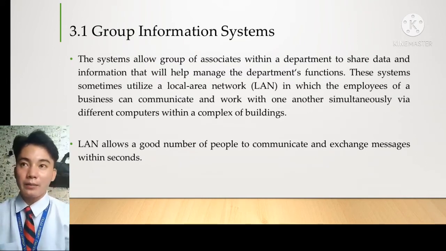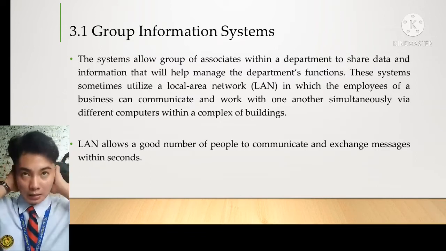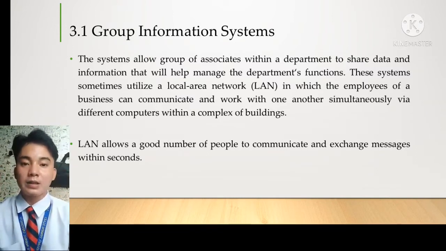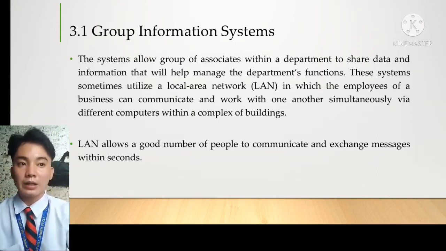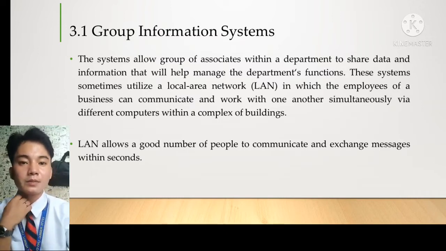They are connected with each other but in different places, so they are not in one establishment, and that's what we call WAN.